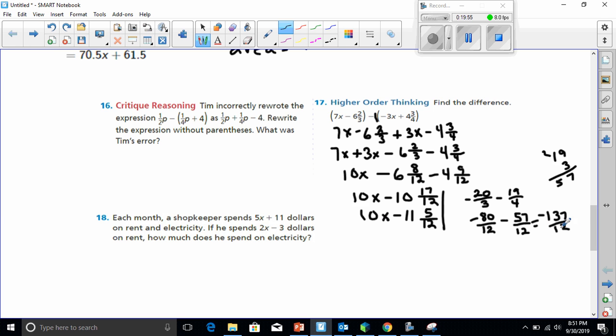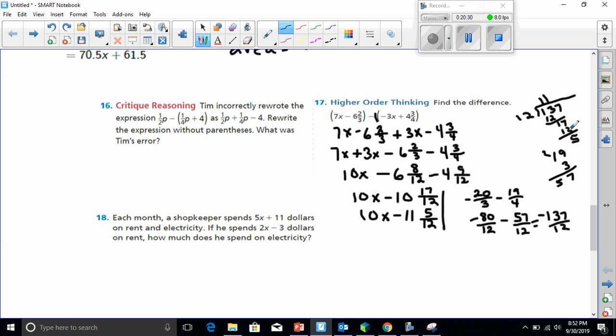And now we have to see how many times 12 goes into 137. Remember, every fraction is really a division problem. So if this is 137 divided by 12, well, 12 goes into 13 one time, leaving 1 left over. Then 12 goes into 17 one time, and that would have given me a remainder of 5.